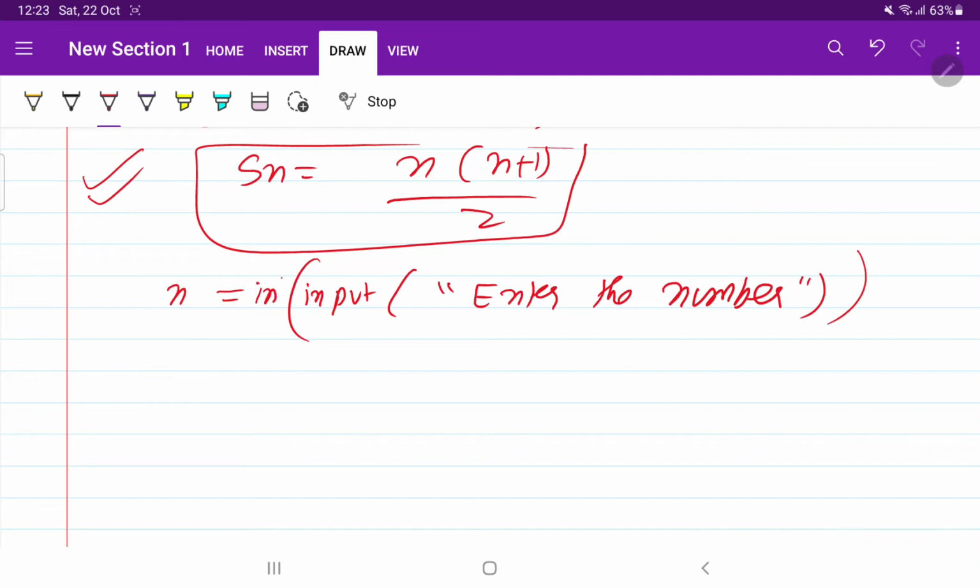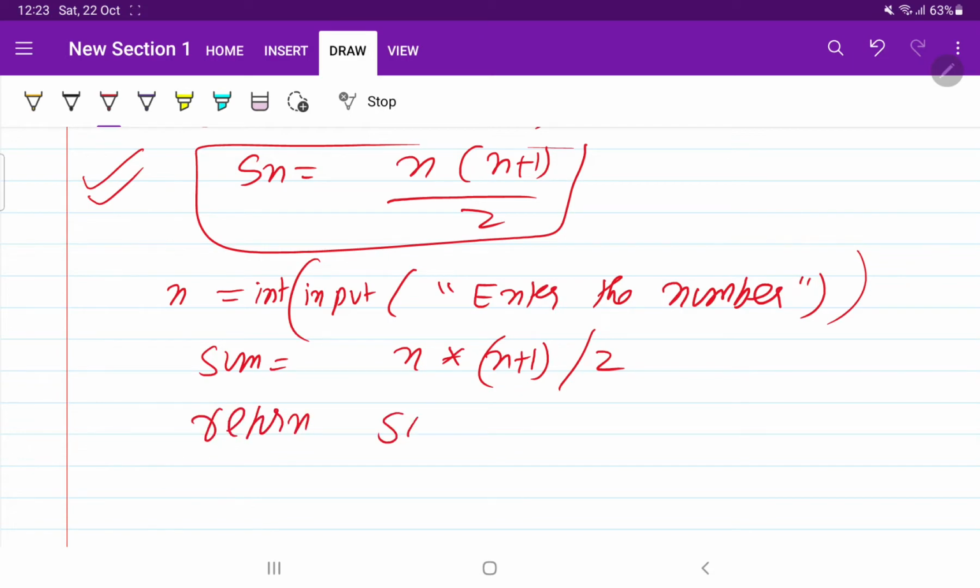Generally input comes in string format, so we will convert it into an integer. If you are not getting what I am saying, just leave it for now. Then we will write sum is equal to n into (n plus 1) by 2, and then we will return the sum. So this is the logic to solve the above problem.